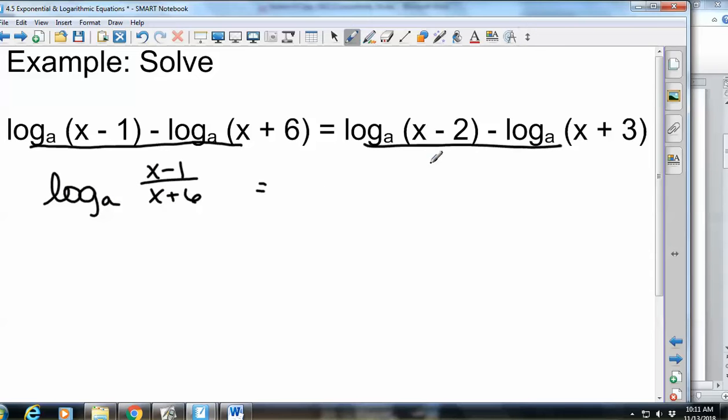Over here, same thing, log base A of (x minus 2) over (x plus 3). So we have cleaned it up a lot. I have one log on each side, so you can drop the log.